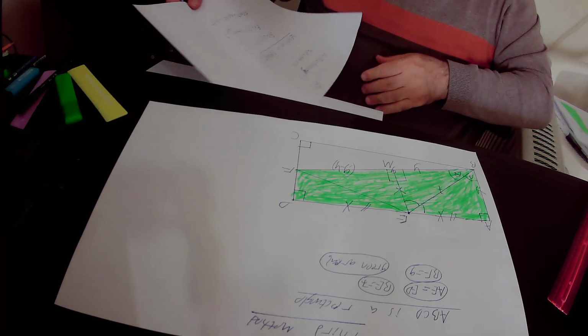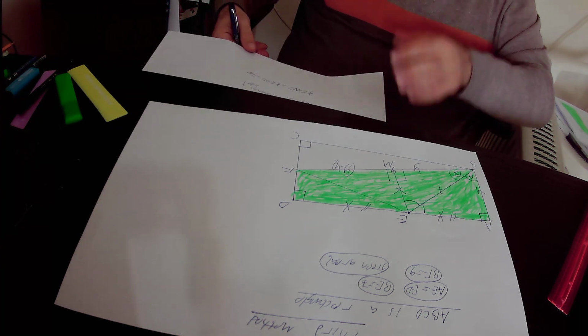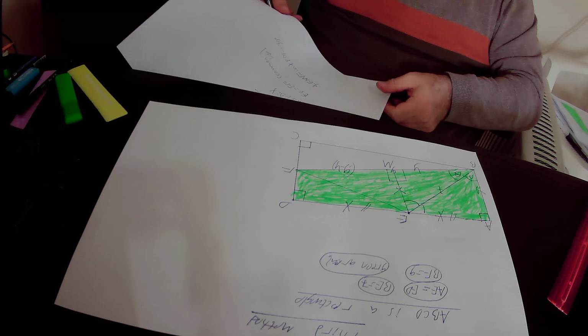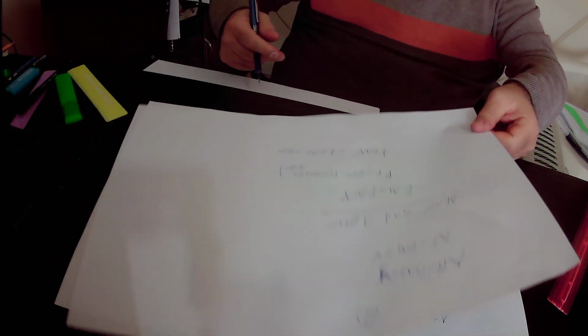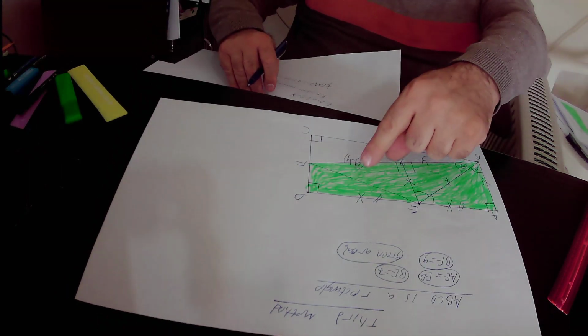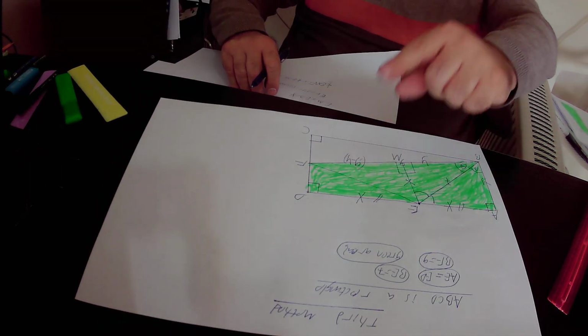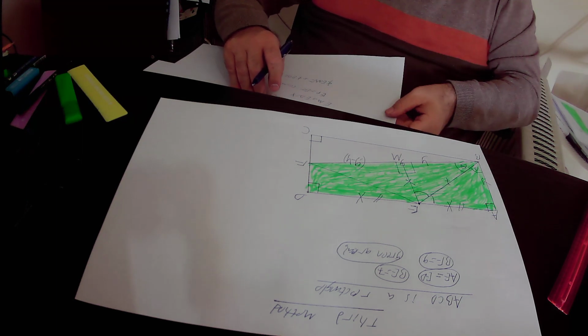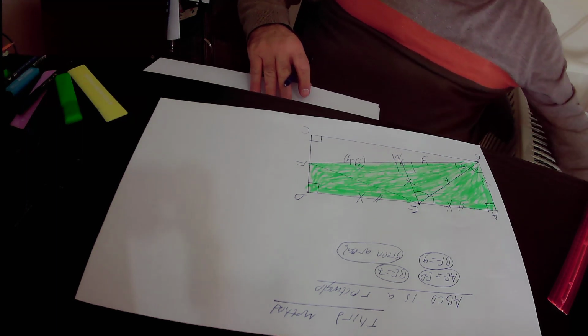So by proving those three things, we actually proved that those two right triangles can go into each other according to rule number 5. What is rule number 5?